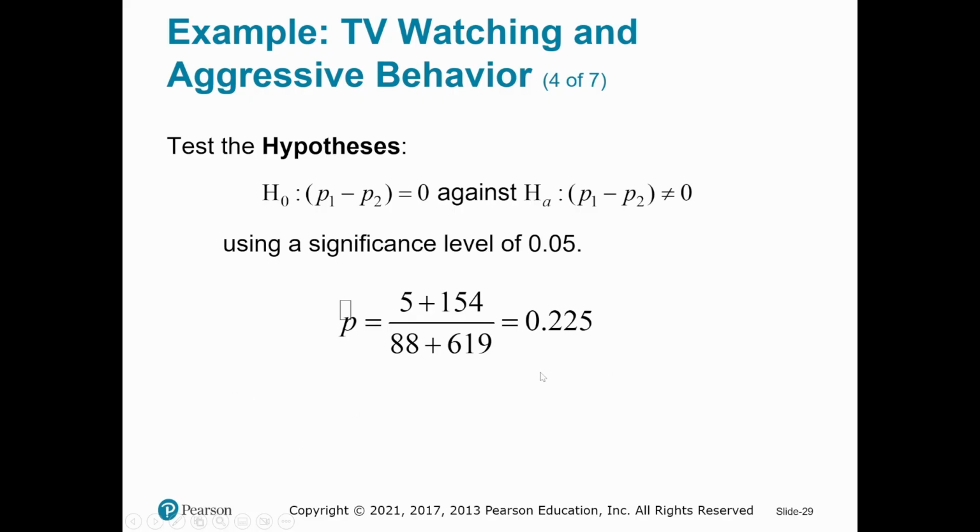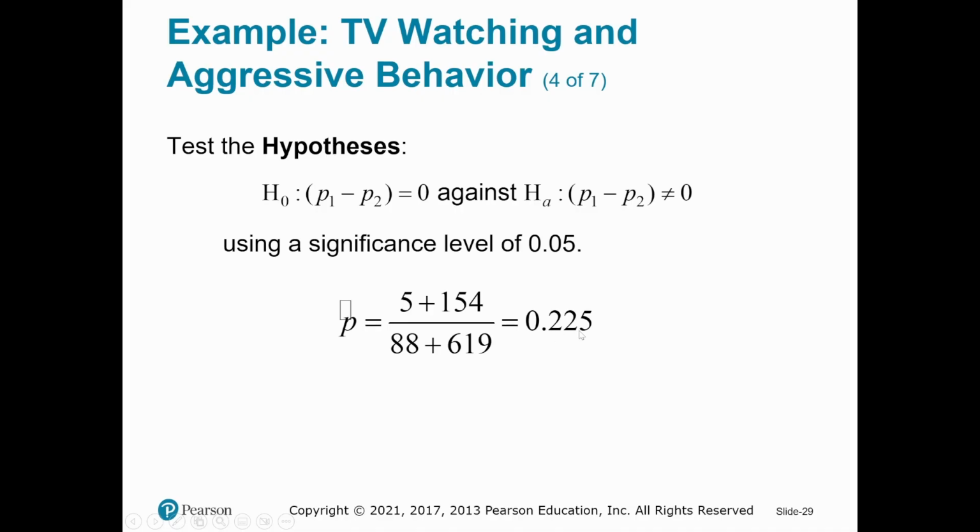Okay, now here we have that PowerPoint artifact again. I don't think Pearson reviewed this slide because this rectangle should be a hat. So quality control let one slip by. All right, so we got p, not rectangle, but p hat is 0.225, which is about 22.5%.